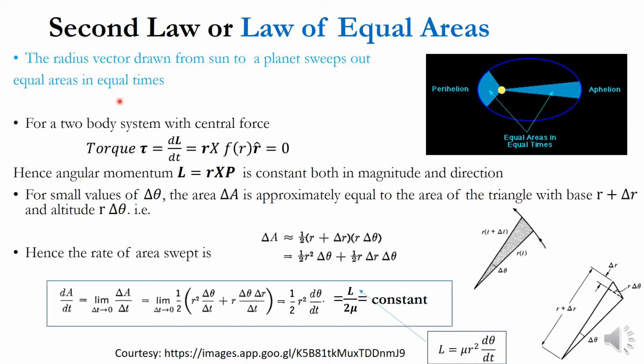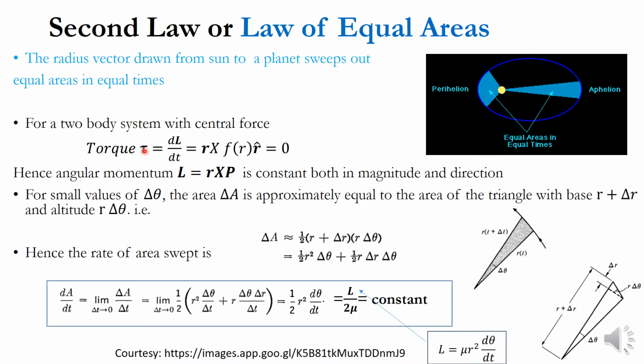For a two-body system with central force, we know that the torque tau, which is equal to dL by dt, is equal to r cross F, where F is the central force. So r is along the r direction, and F of r is also directed along the r, so that both are along the same direction, so the cross product becomes 0.